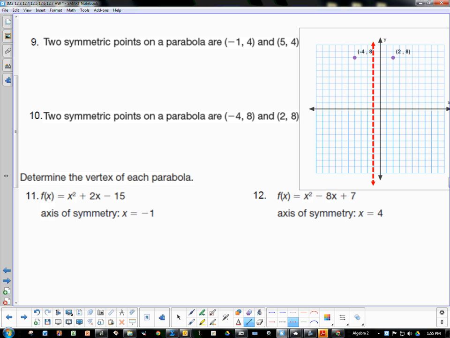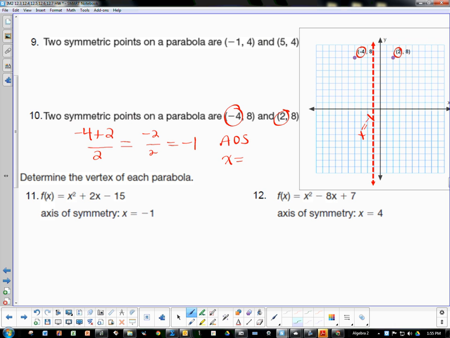And that looks like it's going to be x equals -1. Now how do we find that? We're just going to add the -4 and the 2 and divide by 2. This is going to be -2 over 2. Happens to be -1. So my axis of symmetry is x equals -1.